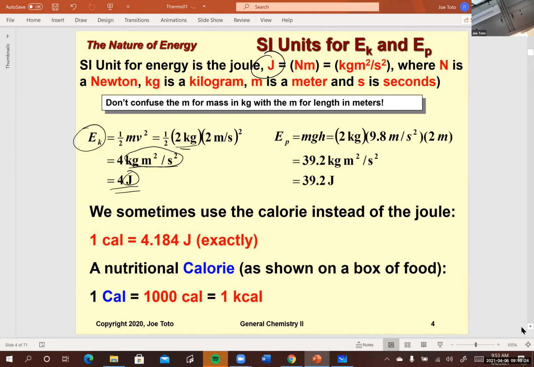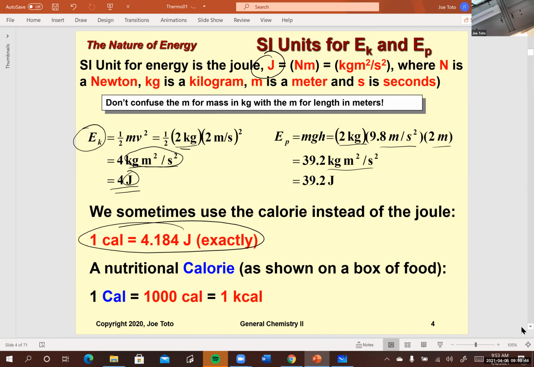And then I can do the same thing with the potential energy equation, plug in just some numbers to show you how the units work out again to joules. Also, we're going to have to sometimes convert joules to calories.